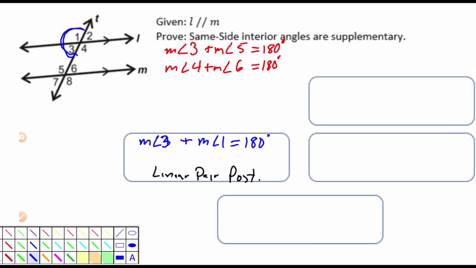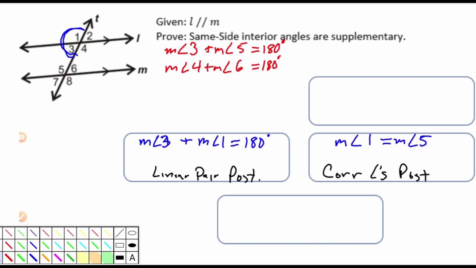All right, but we also know that angle 1 is equal to angle 5. So we know angle 1, like I started with blue this time, so the measure of angle 1 is equal to the measure of angle 5. And how do we know that? Well, that would be because of the corresponding angles postulate.